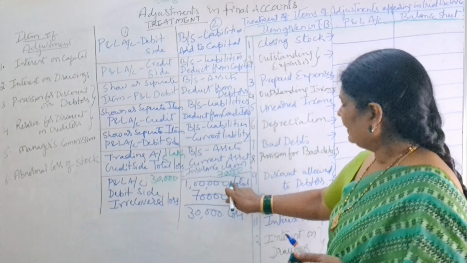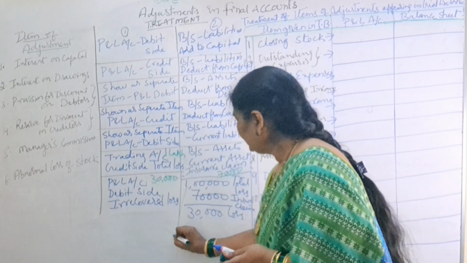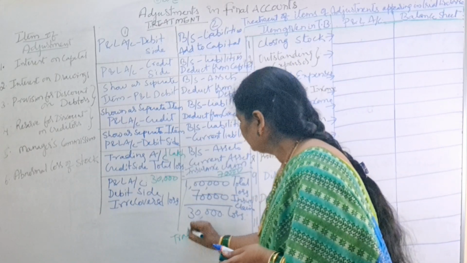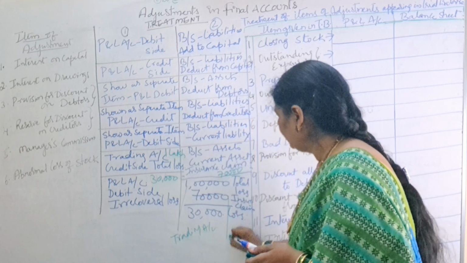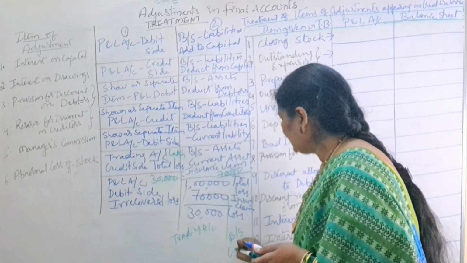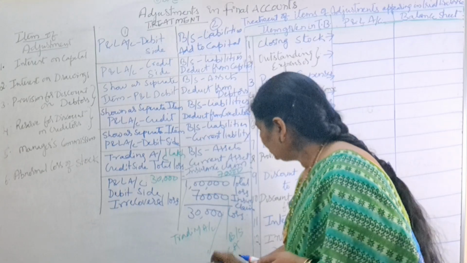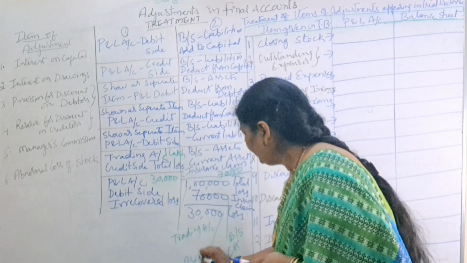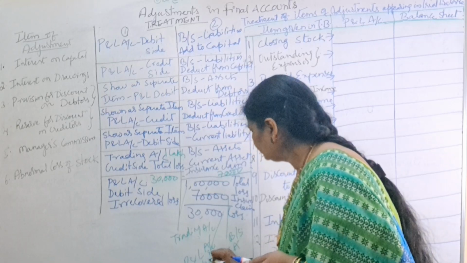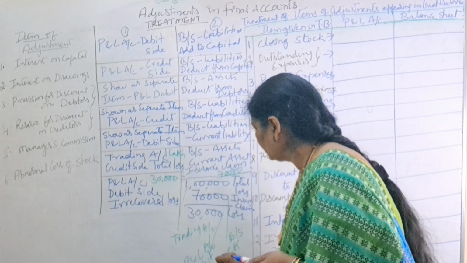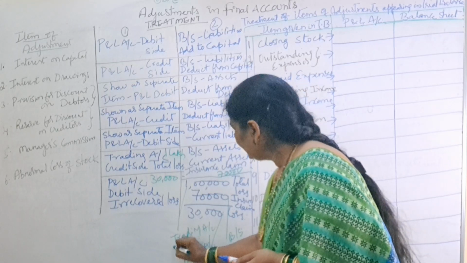So this 1 lakh we will show under trading account. This 70,000 we will show under balance sheet as current asset, and this 30,000 we will show in profit and loss account. Which side? Debit side. And this will show on credit side.